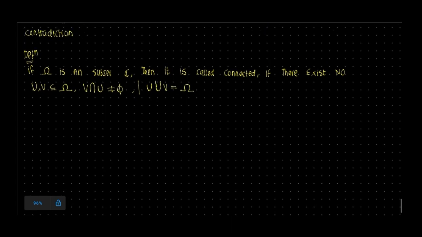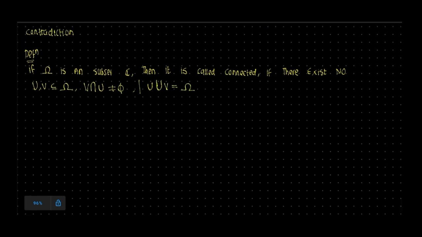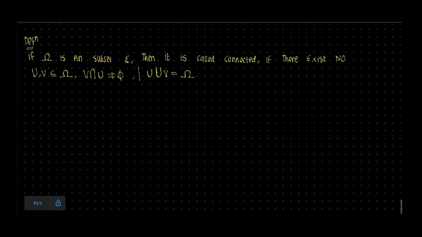So we are just saying that a set is connected if there exists no pair of disjoint subsets of that set that, when added, give you the set back.